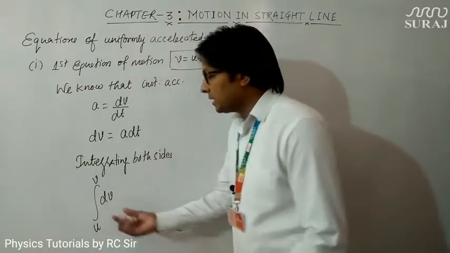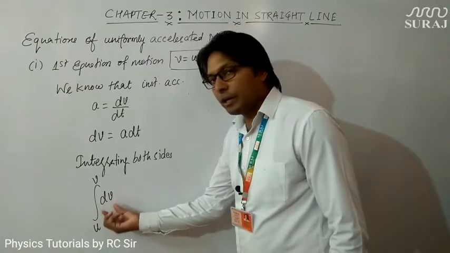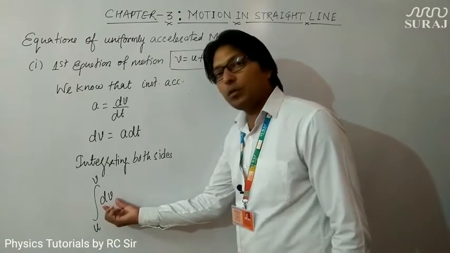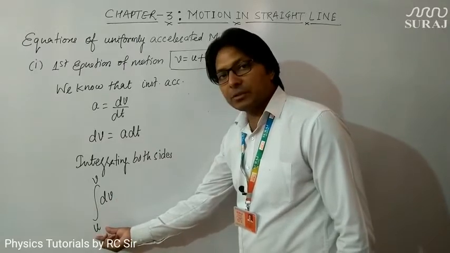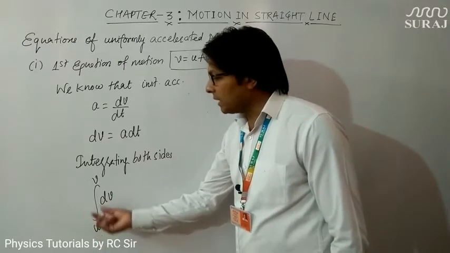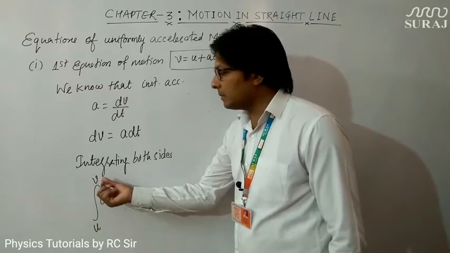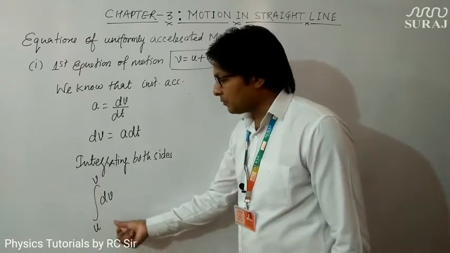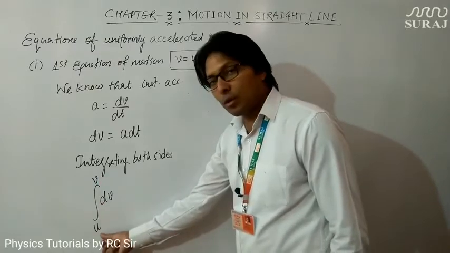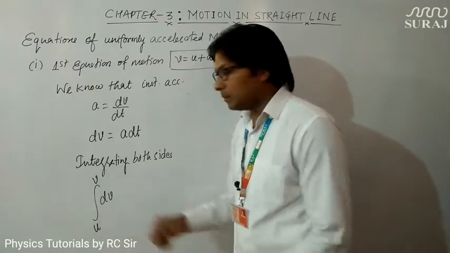What are limits? From where to where the value of v is going to change. We have assumed that the initial velocity of the object was u and the final velocity after t time is v. So these are the limits of velocity from u to v. This is known as the lower limit, this is known as the upper limit.